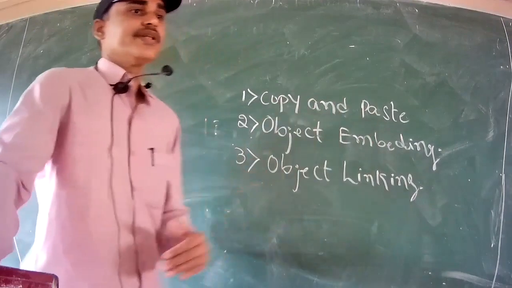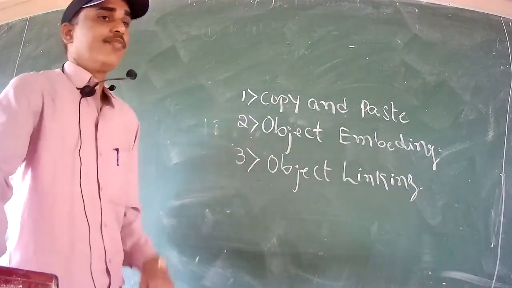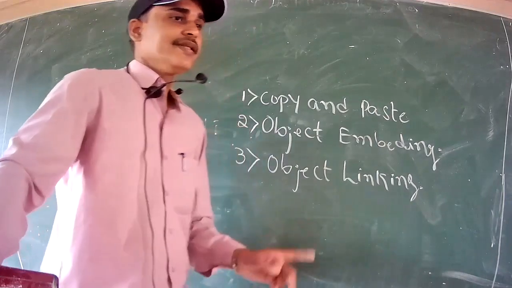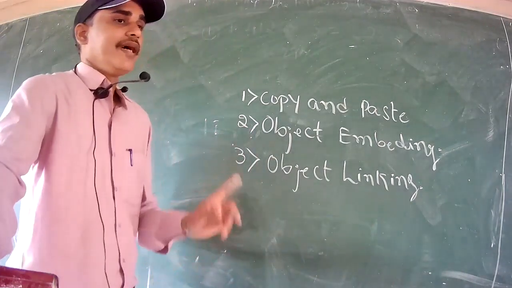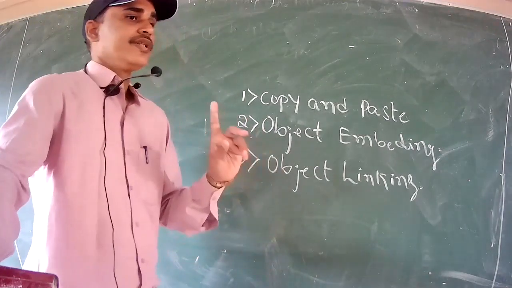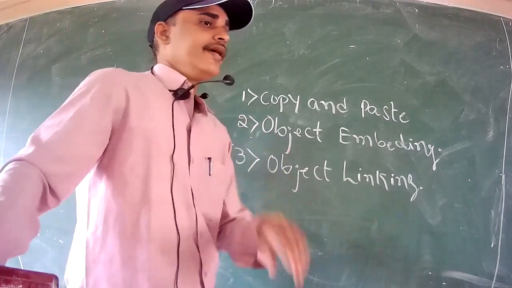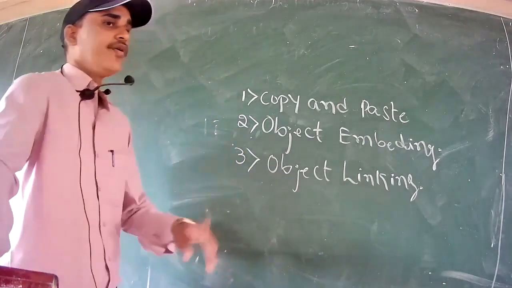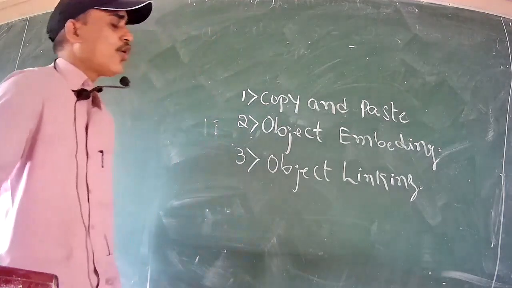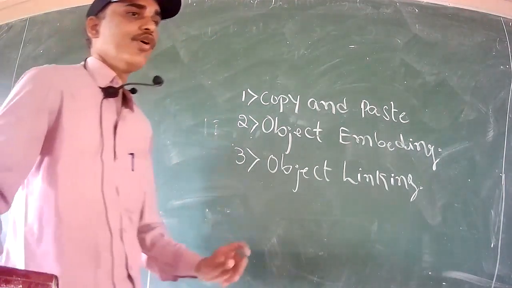In the paste special dialog box, again the first option is insert object as. Insert object as Excel linked object. We have to select Excel linked object. Then, as I told in the previous dialog box, or the object embedding method also, there are two option buttons.